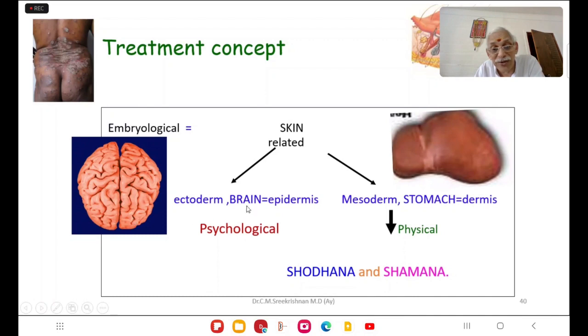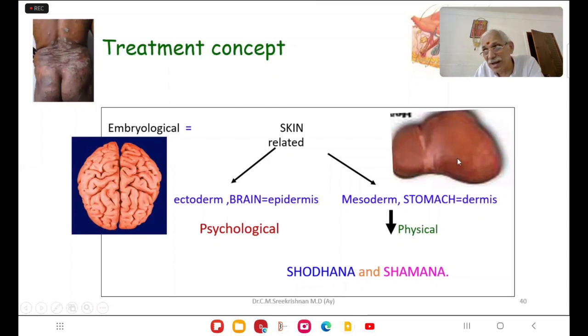So the brain is very much related to the epidermis. The dermis embryologically develops from the mesoderm, from where the stomach is developed. So both dermis and epidermis are very much connected to the intestine and brain.